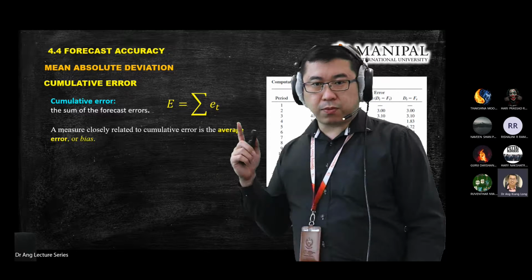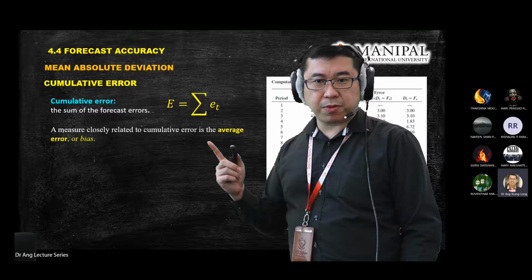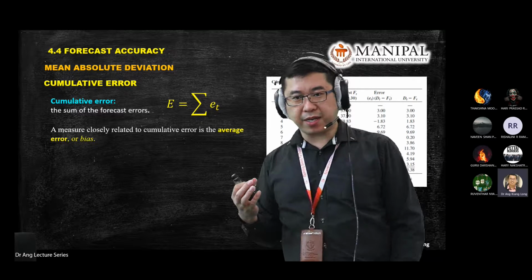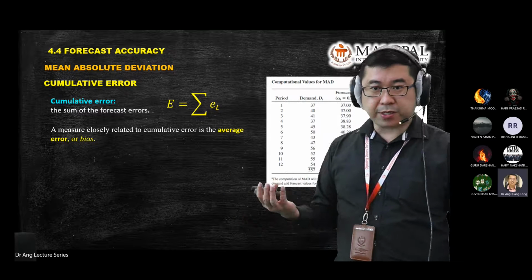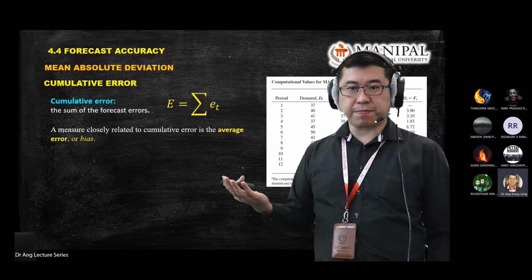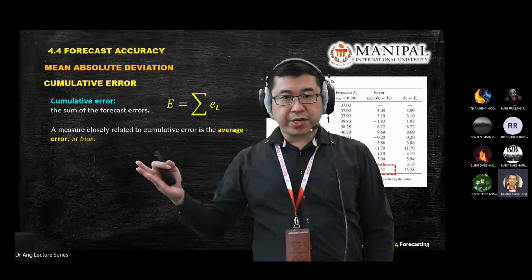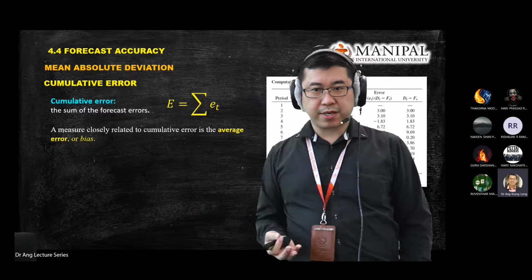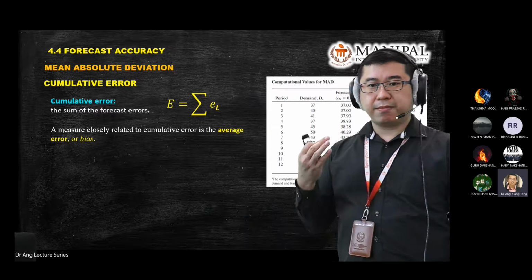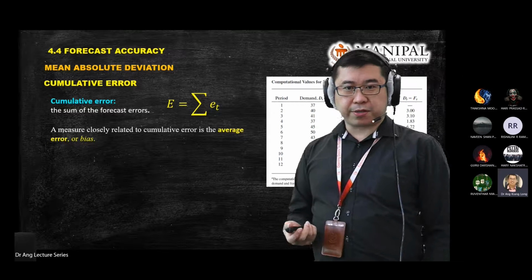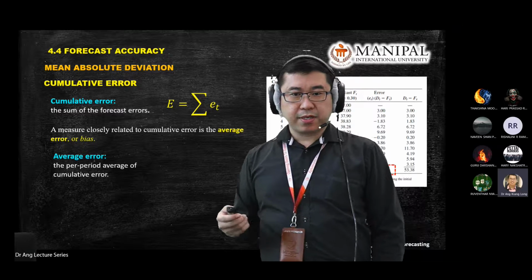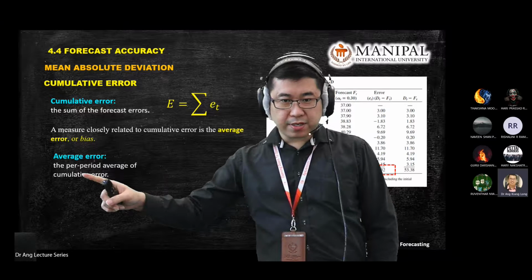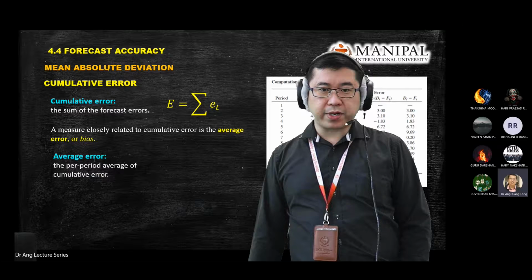So what does this cumulative error mean in the management discipline? It is an average error, or we call it bias. How good is your estimate? So for average error, I think you need to fill this in your tutorial handouts.